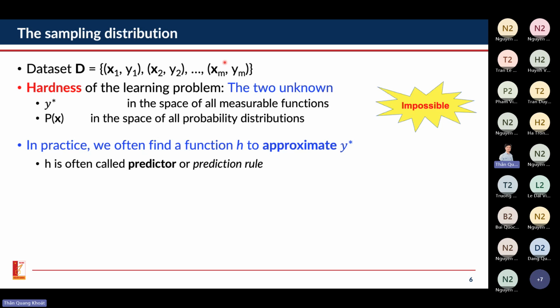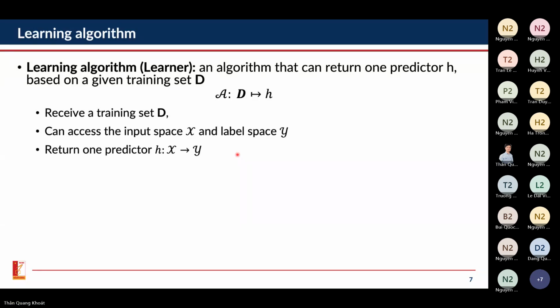One way we often deal with this is to use a simpler function to approximate the unknown function. The simpler function is one we can easily work with in practice, and sometimes we call that a predictive model.